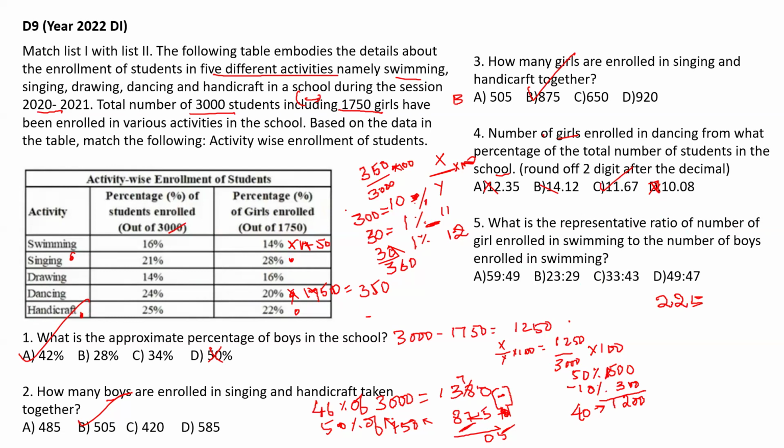Okay. So 225. So 200 and, oops, sorry, 245, right? I'm mistaken.